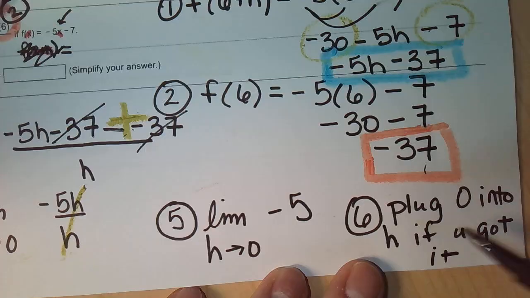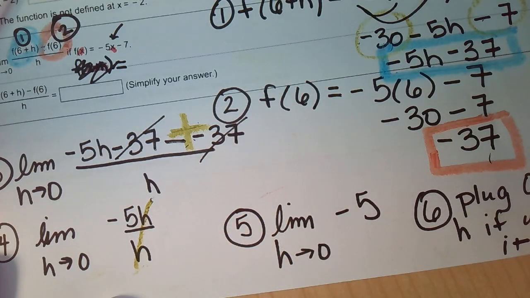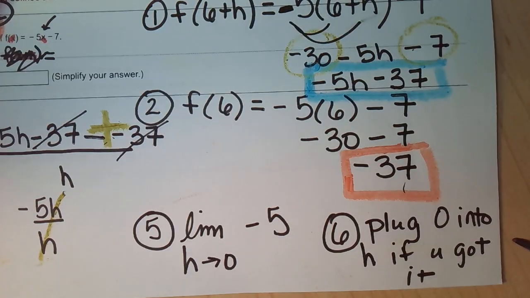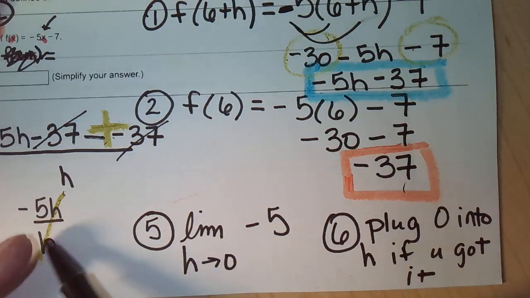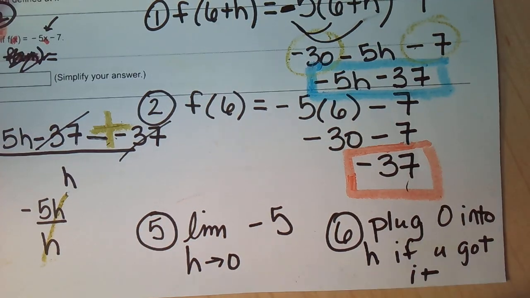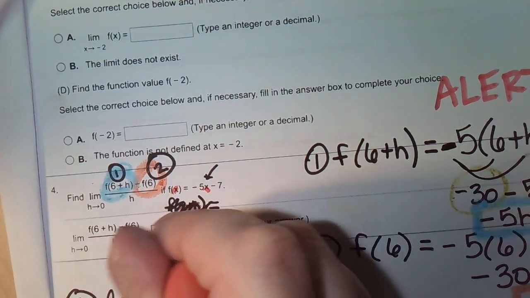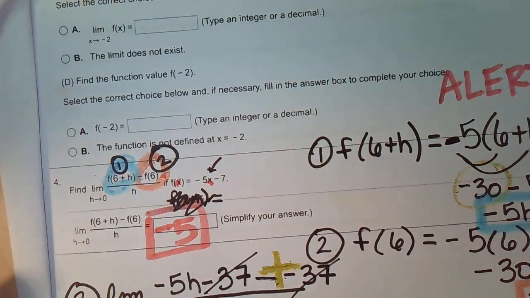So the very last step is to plug 0 into the h if you got it. But we don't. Ours got canceled. So my answer is just whatever I had after the h is canceled. Negative 5. So my answer is negative 5. Hey. All right.